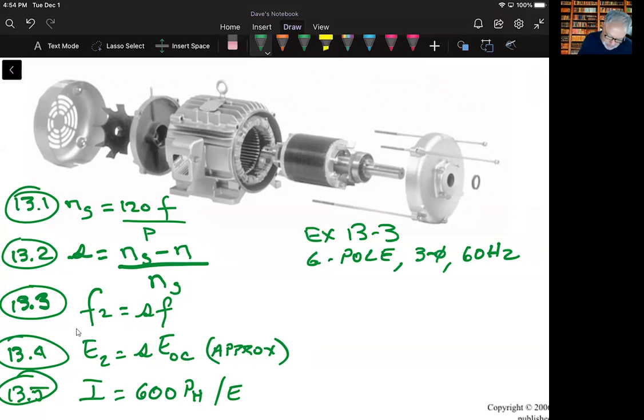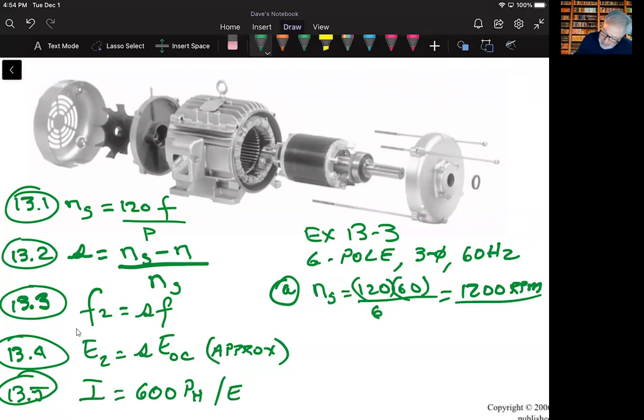Most of these problems, we'll walk through each one, starting at A. Most of the time you really need to start by calculating the synchronous speed. That is equation 13.1: 6 poles, 7,200 in the numerator divided by 6 gives us 1,200 RPMs.